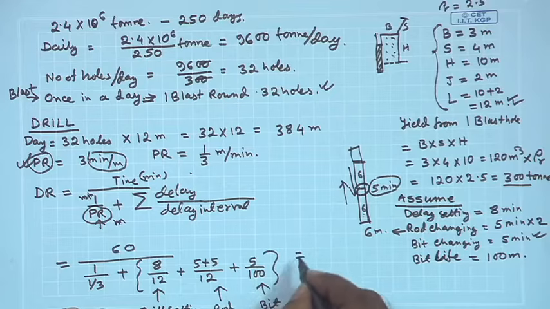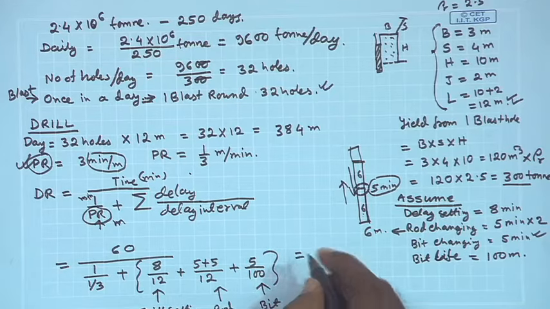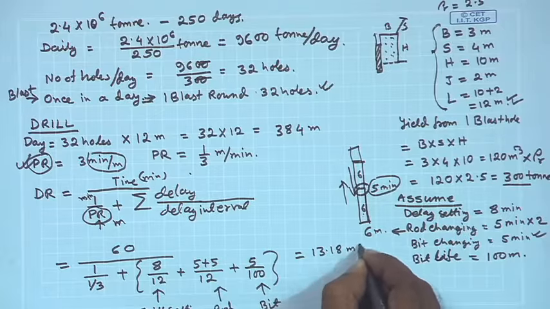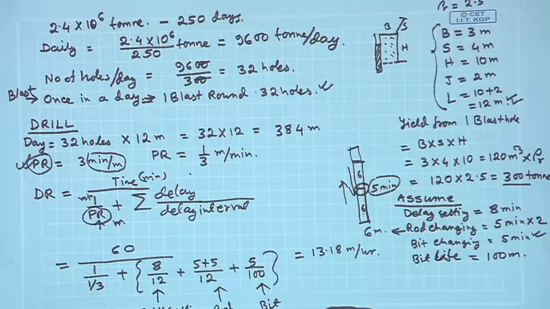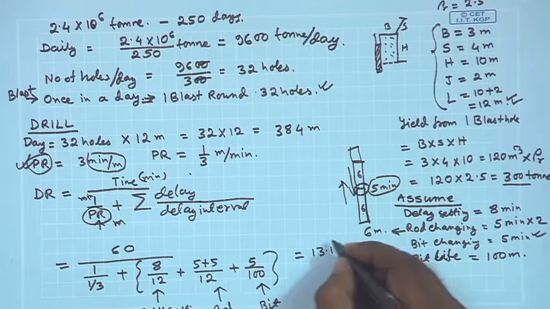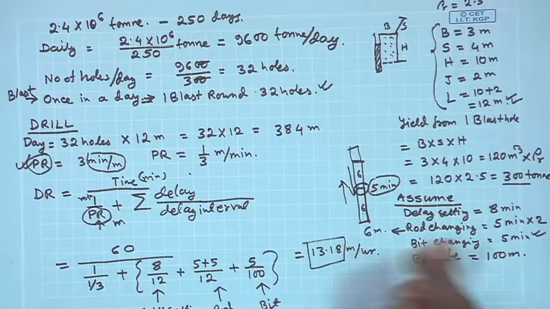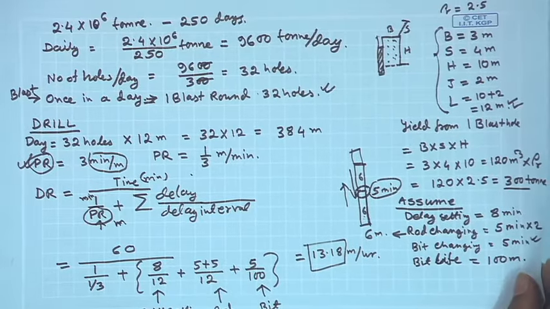If you calculate this, you will get the value of 13.18 meter per hour. As I calculated previously, this is the value for our drilling rate.